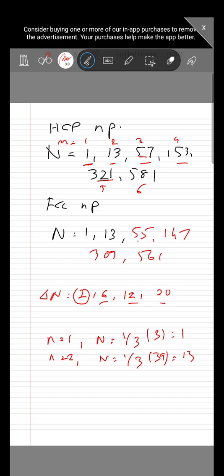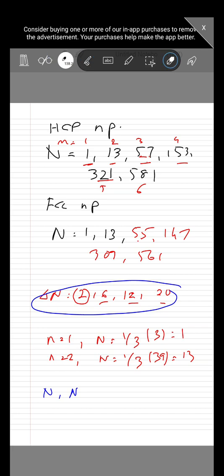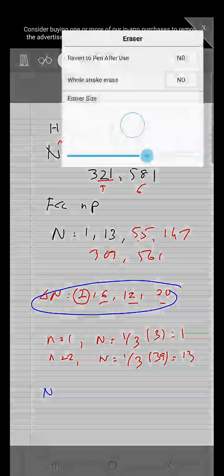I would like you to find the expression of N, only capital N, for the HCP lattice.